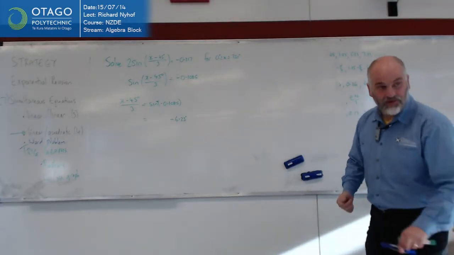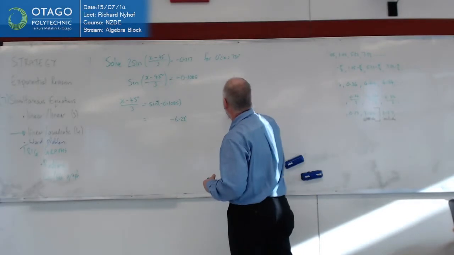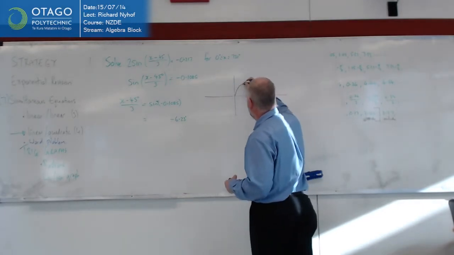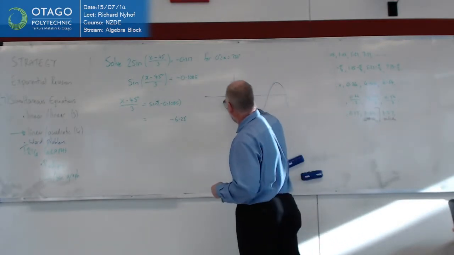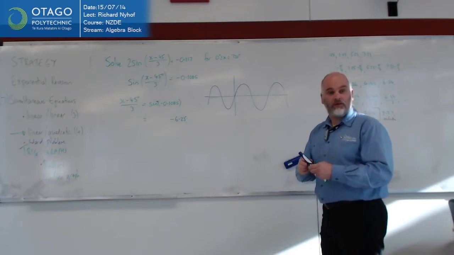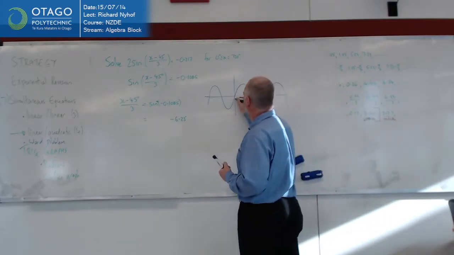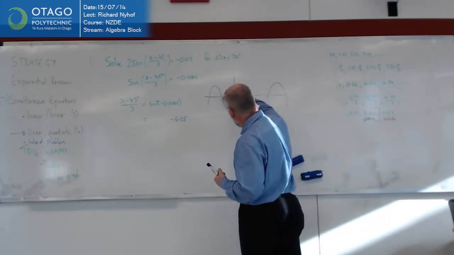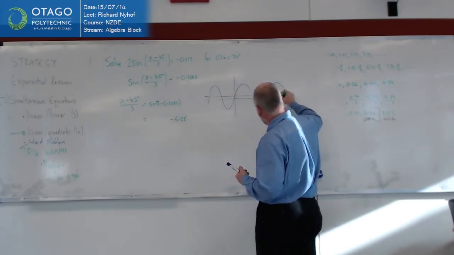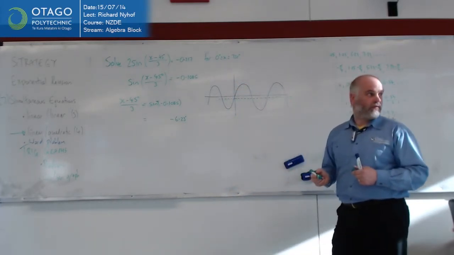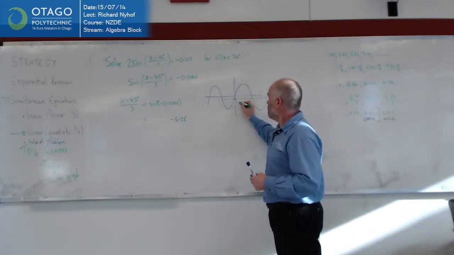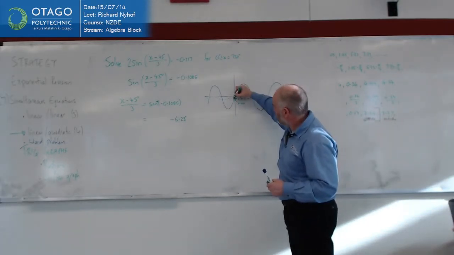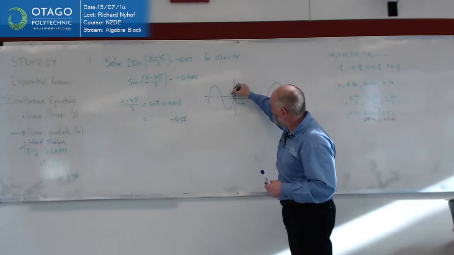Draw the graph. Okay, so the graph I want this time is a sine curve. It goes like that, and like that. Negative 0.1085 is about here somewhere, it's quite low. And the answer the calculator has given us is this one here at negative 6.23 degrees.